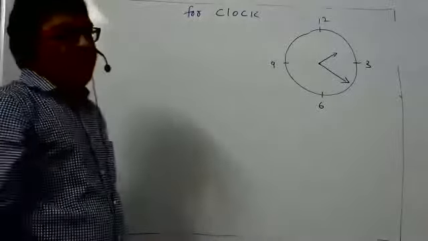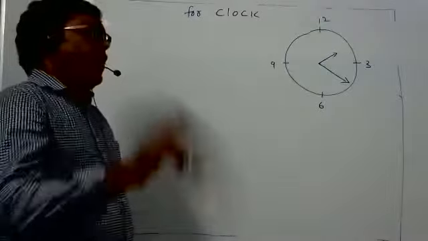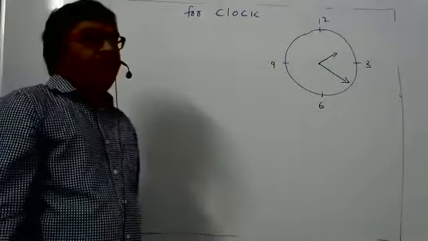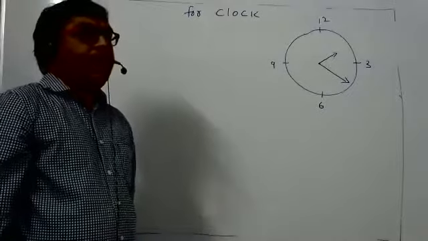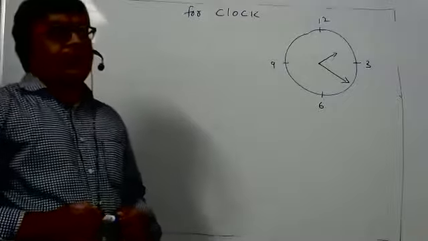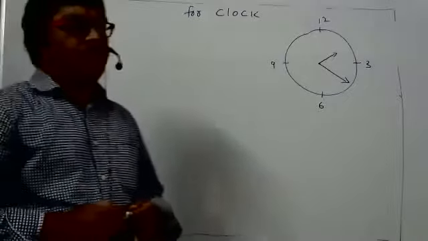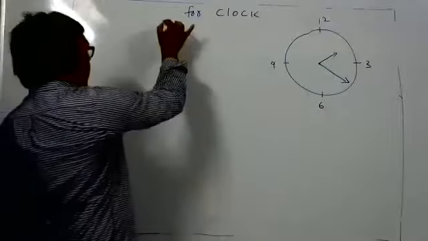Now this is a very familiar thing. You know that in 1 hour, the minute hand will complete one rotation. All of you agree? Since the minute hand will complete one rotation in 1 hour, by how much degree will it rotate?